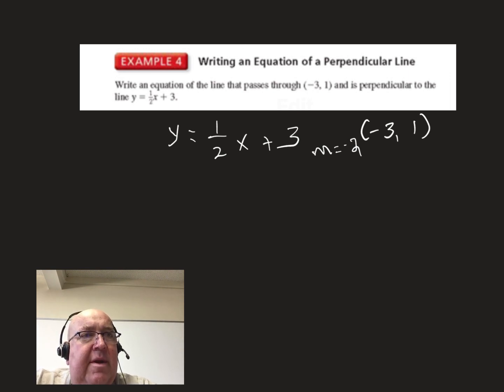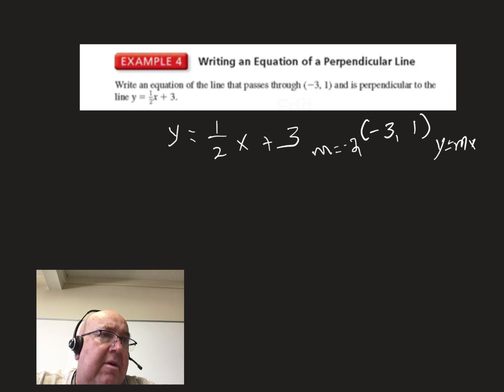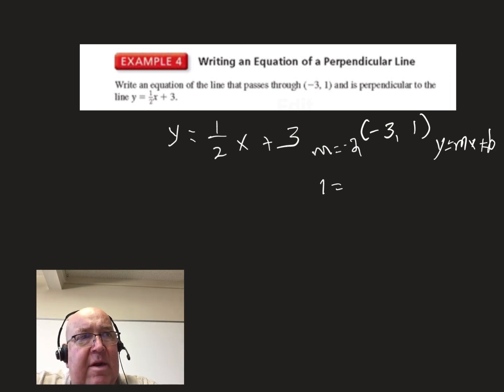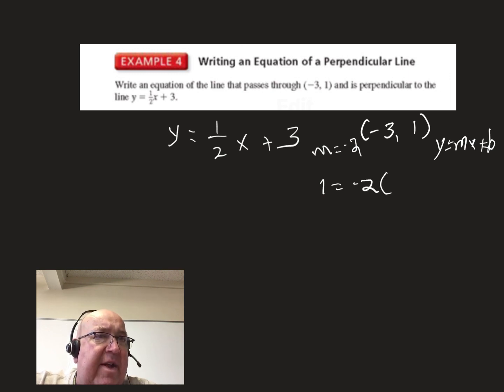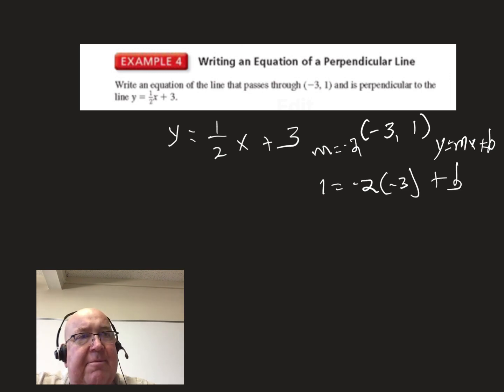All right. So again, we're going to substitute our values for x and y into the slope-intercept form. So our y value is 1. Our m is negative 2. Our x value is negative 3. And we're going to solve for b.